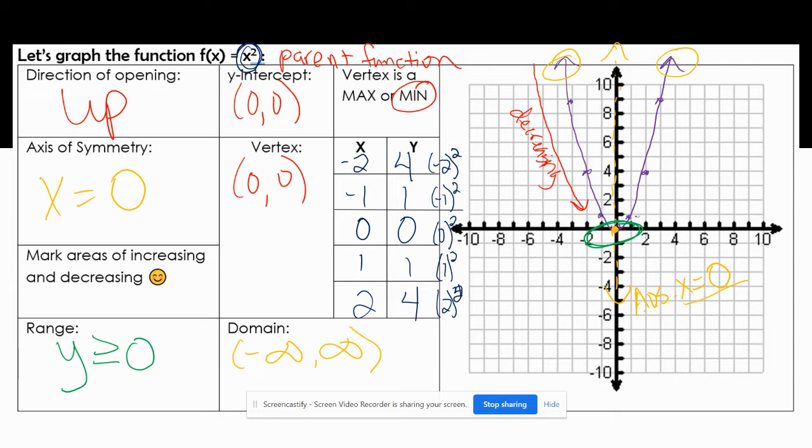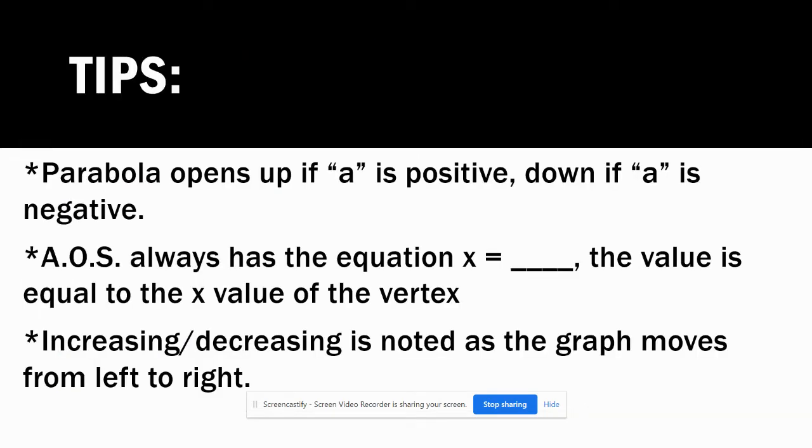And then on the right side, my marker is going up again, and so that's going to be increasing. Underneath this table is some blank space, so let's go ahead and put some tips there. Pause for a minute to write these down.